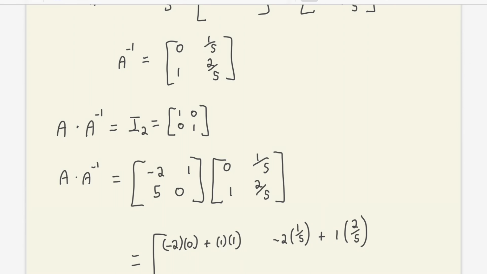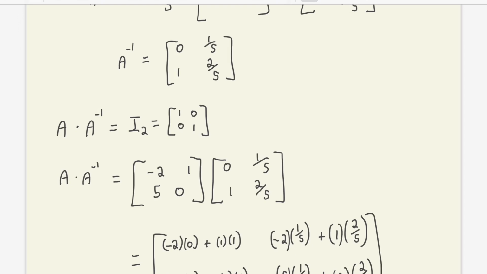So that is going to be our second row multiplied by the first column: 5 times 0 plus 0 times 1. And then our final spot on our matrix is going to be filled by the second row multiplied by the second column. So that is going to give us 5 times 1 over 5 plus 0 times 2 over 5.